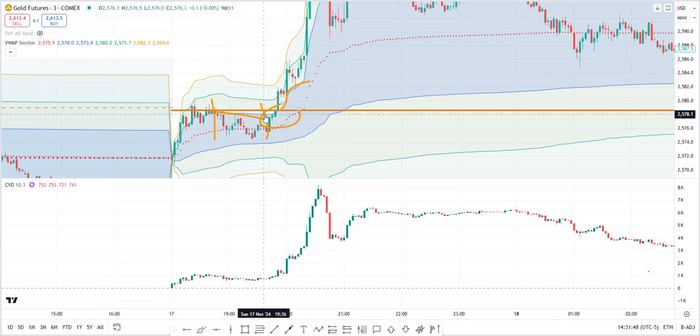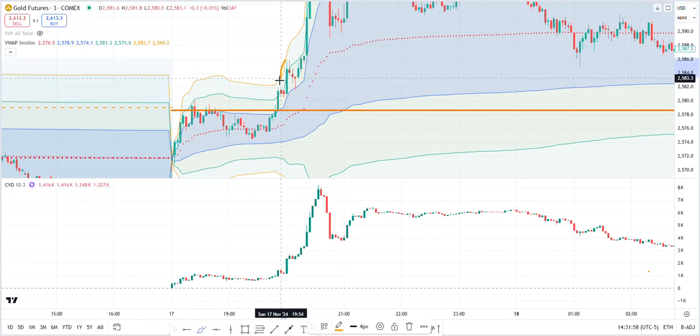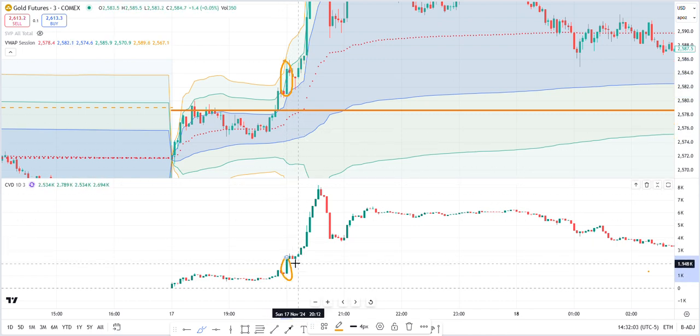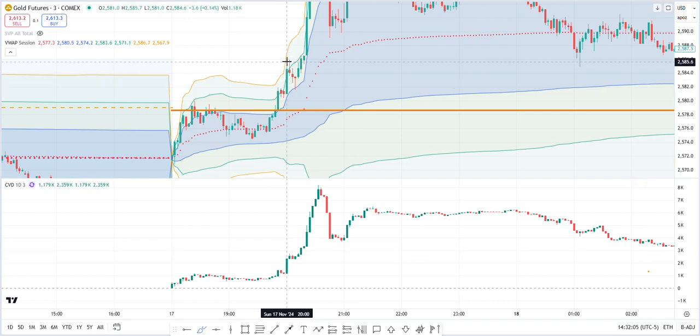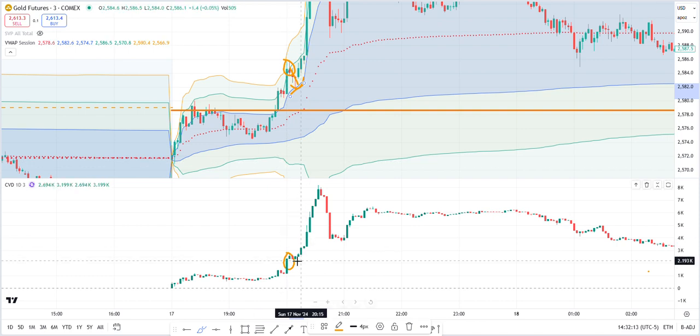Just remove all of this because it's getting in my way now. Okay, so right here, large buying, lines up, single candle divergence, and then I'll move down to that VWAP.